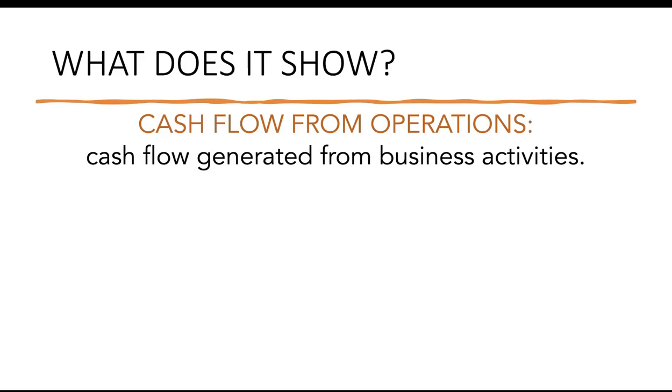The cash flows from operations section begins with net income, then reconciles all non-cash items to cash items involving operational activities. So, in other words, it is the company's net income, but in a cash version.